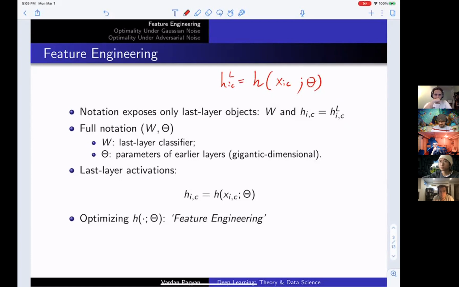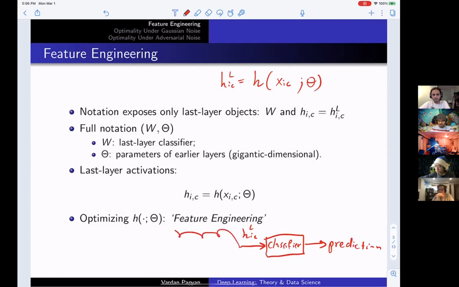So I think the mental image that you should have is the following. Let's say this is a block. This is the last layer classifier. The last layer classifier makes a prediction based on the features which we denote by h_ic^L. But these features are a result of a very complicated feature engineering process, right? This is feature extraction.